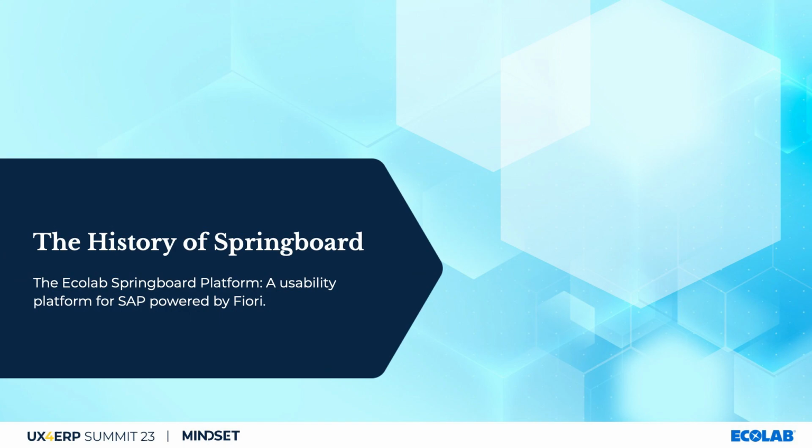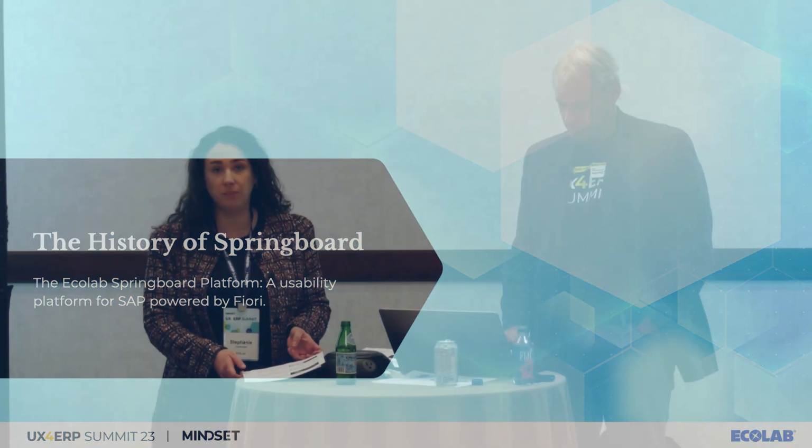So I'm going to let Stephanie talk a bit about this. Thank you so much. So the history of Springboard is the Ecolab term for the Fiori application that was built. Ecolab started on their SAP journey maybe in the mid 2010s, so probably 2015, and we had a homegrown system for pretty much every function within the business.